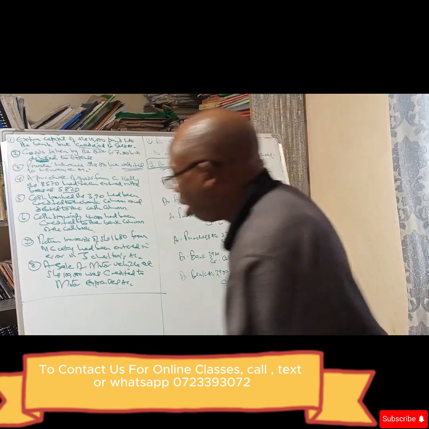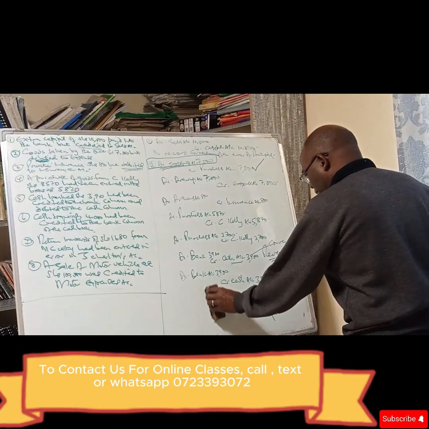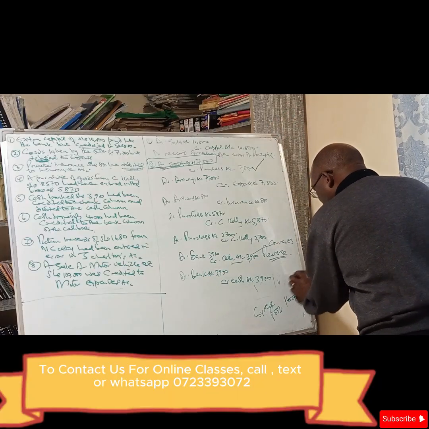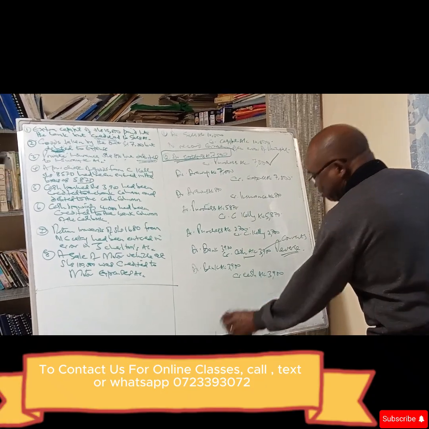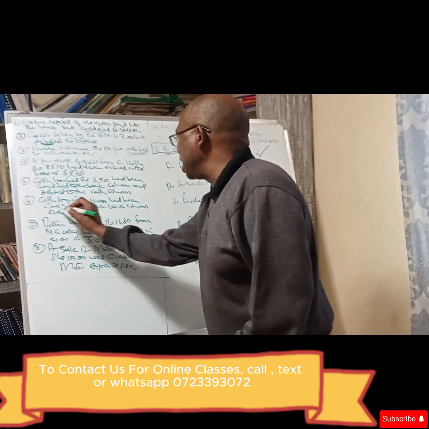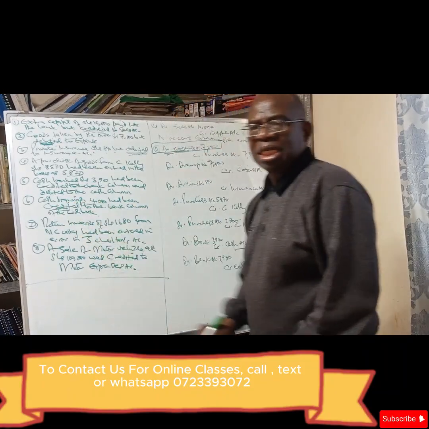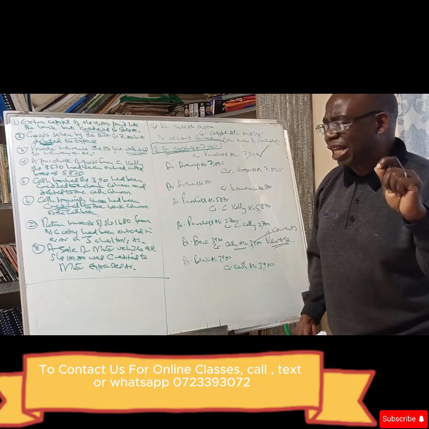Cash drawings of 4,000 had been credited to the bank column of the cash book. We withdrew money. Please again, students, when you are told this had been credited, you are being told the problem is the crediting, it's not the debiting.